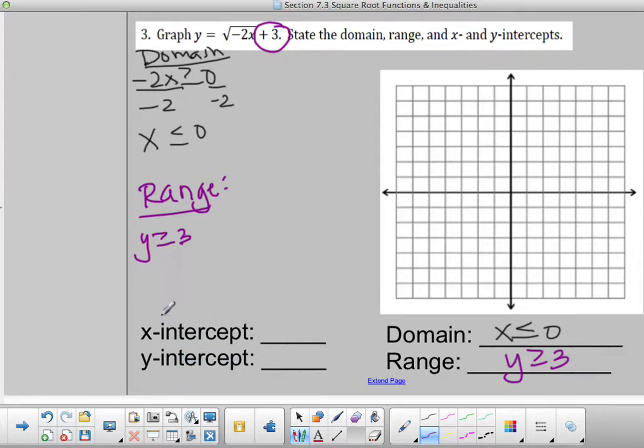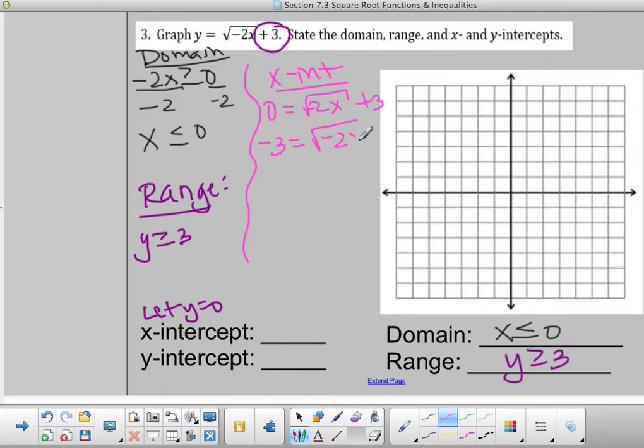Remember, you find your x-intercept by letting y equal 0. So I'm going to plug in 0 for y. First things first, I would subtract 3, so I would have -3 is equal to the square root of -2x.